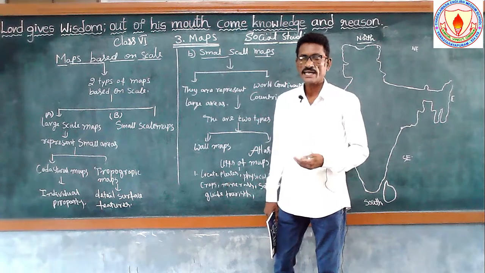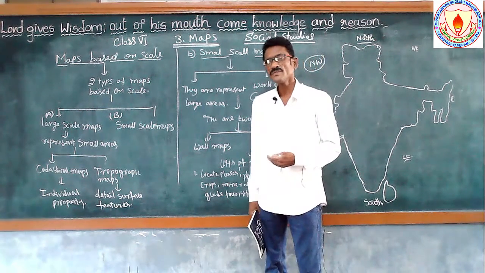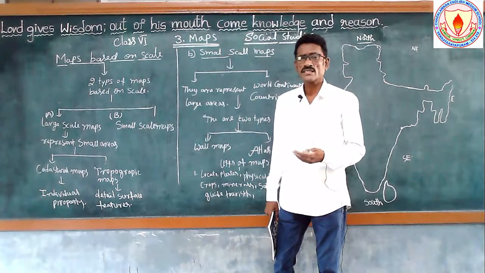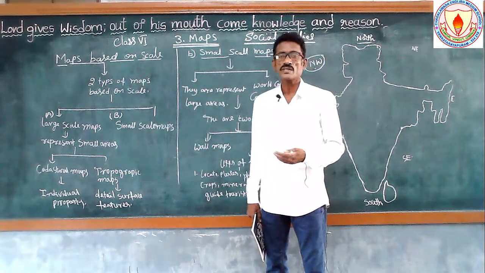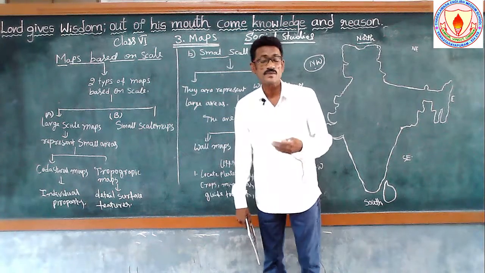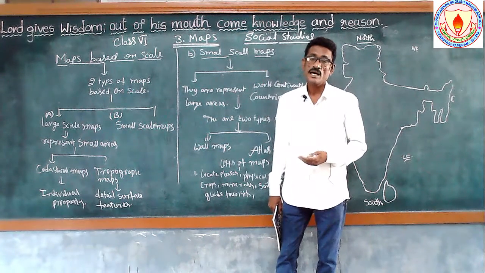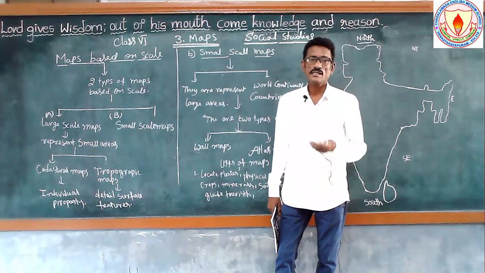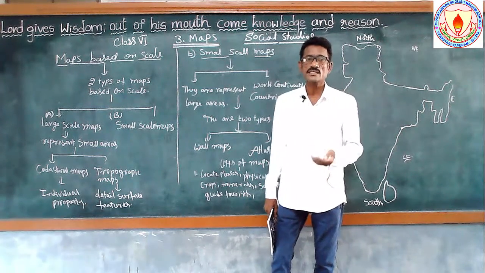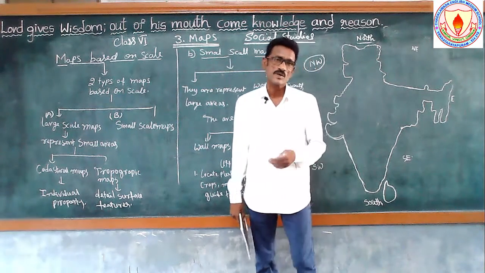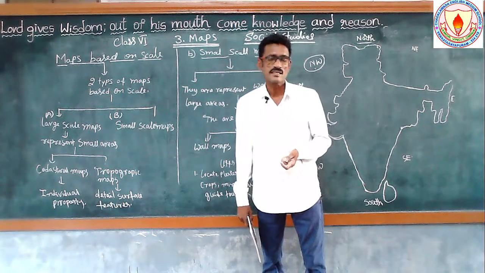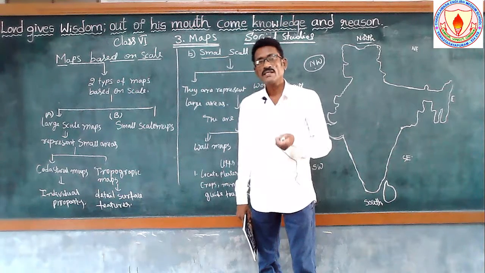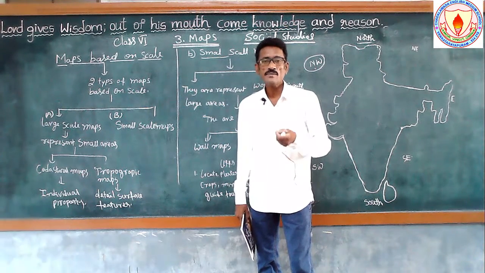The second biggest is Africa, the third is North America, the fourth is South America, and the fifth is Antarctica. Next is Europe, the second smallest continent, and the smallest is Australia. So these 7 continents are called land masses.